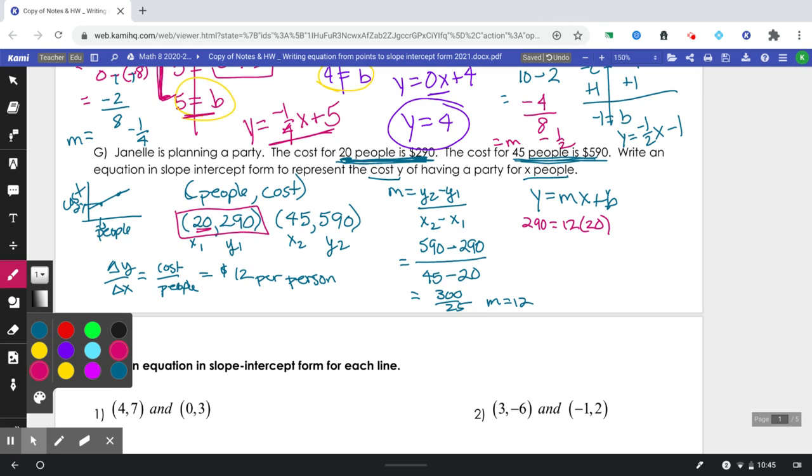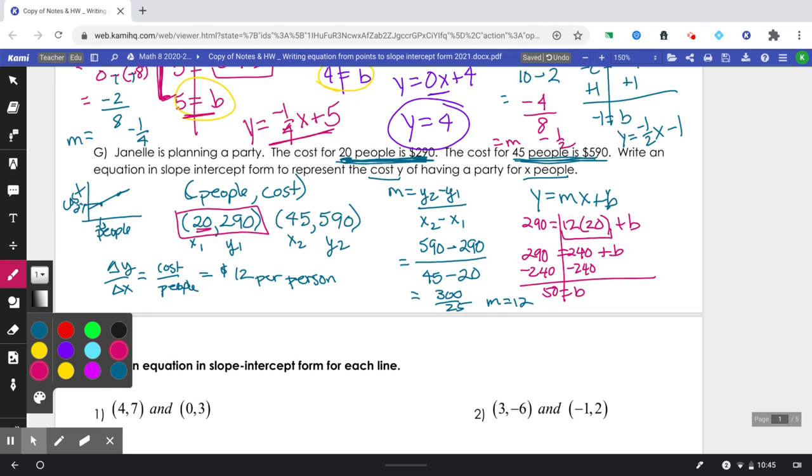Do I know the y-intercept? No. That's what I'm going to search for. All right, I'm going to do my math. 12 times 20 is 240. Okay, get b by itself, so I'm going to subtract 240 from both sides. And b will equal 50.